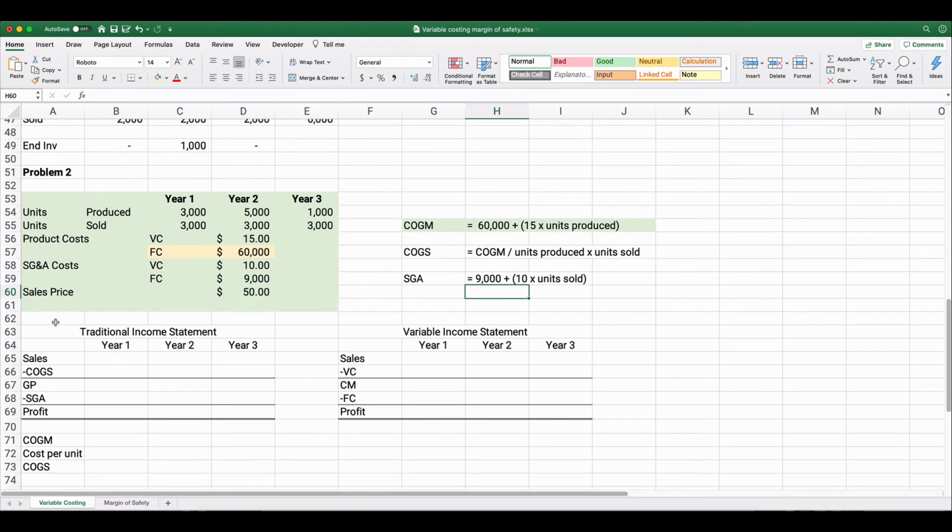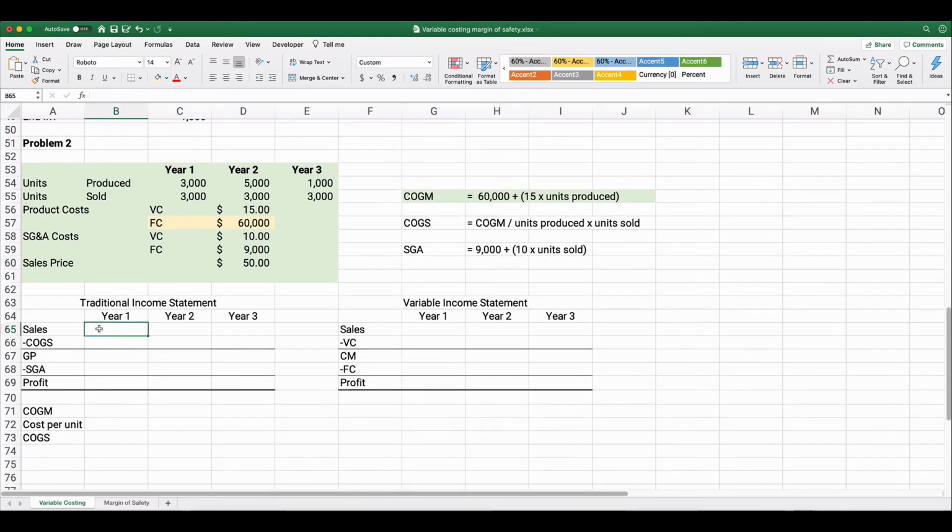So let's see what we can do. Our sales are going to be $50. We have the same selling prices we did before, and we sell 3,000. Now we know that's going to be the same all the way across. Our cost of goods sold: let's first do cost of goods manufactured.